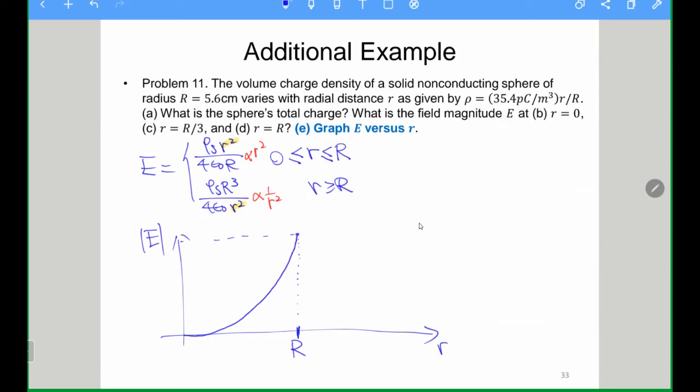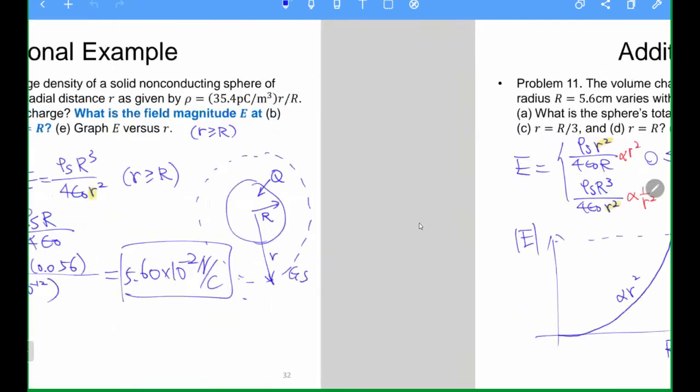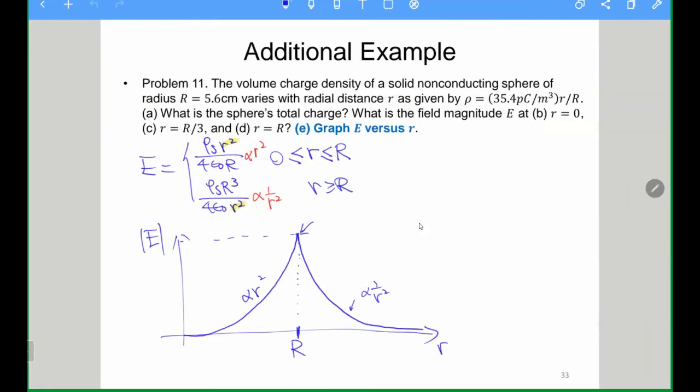However, when r is larger than capital R, it is decreasing with an inverse square function. So this part is proportional to r squared, this part is proportional to 1 over r squared, and this point is nothing but 5.60 times 10 to the minus 2 Newton per Coulomb.